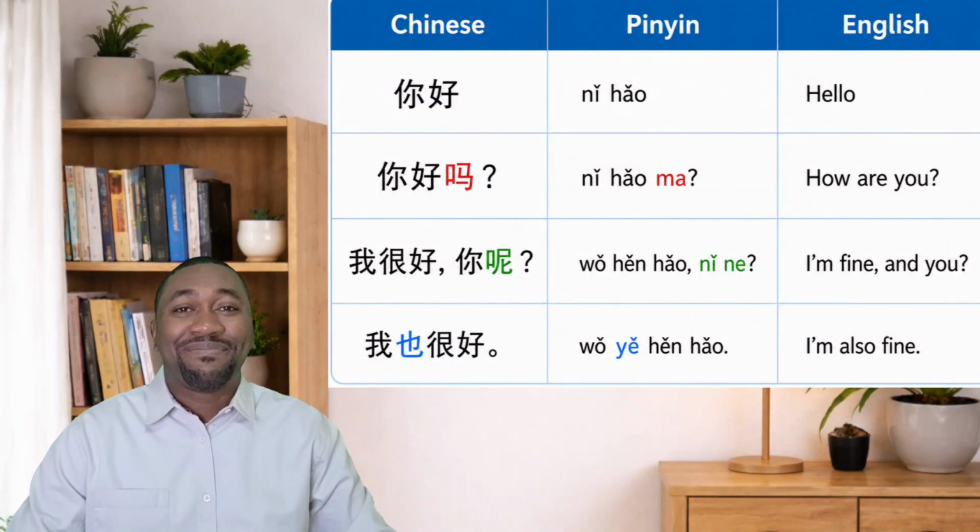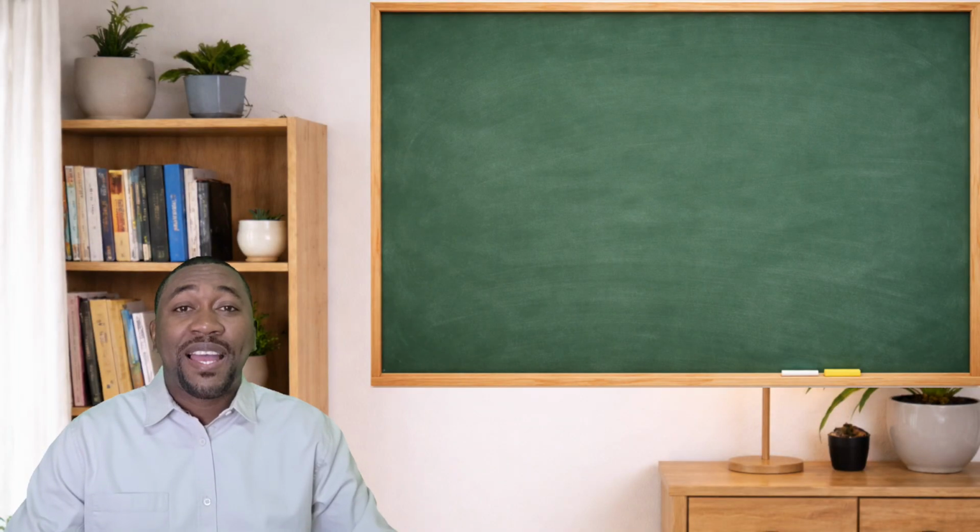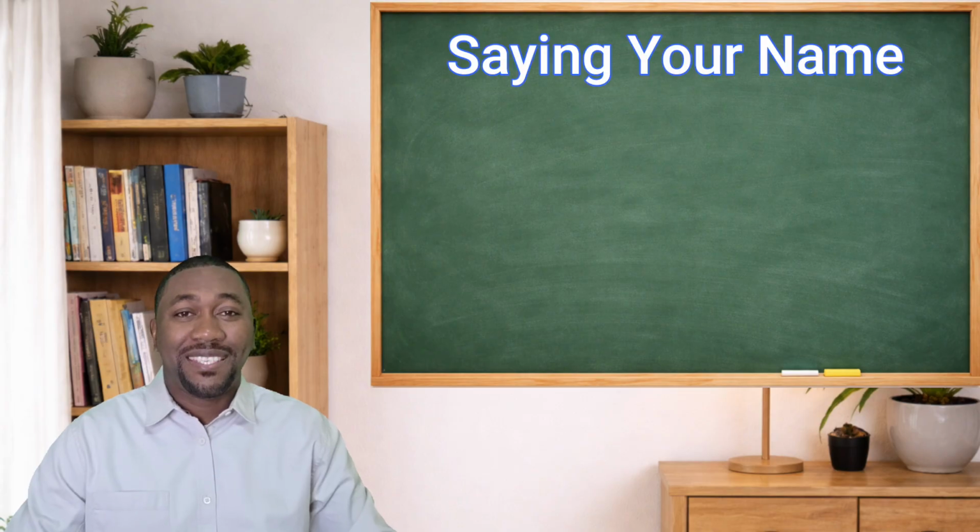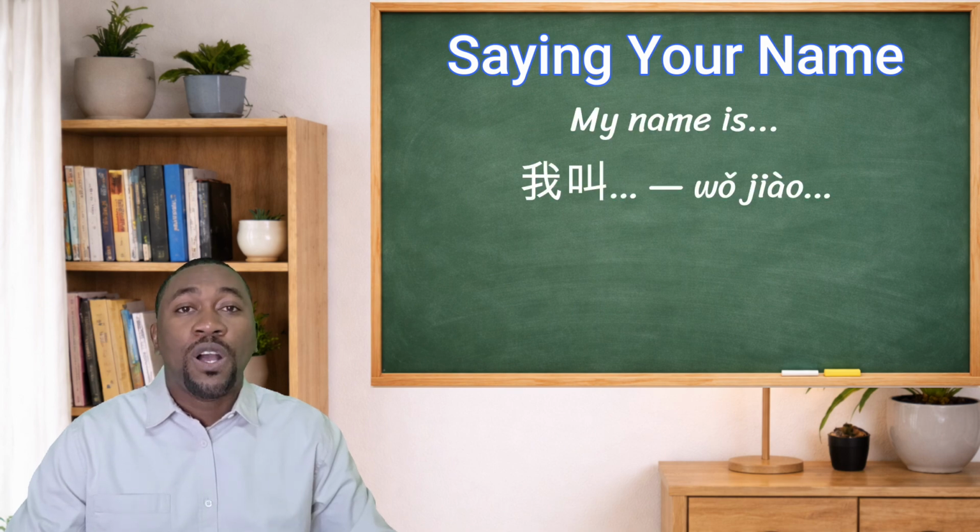Let's continue. Now we're going to look at saying your name in Chinese. To say your name in Chinese, use this pattern. 我叫. Repeat after me. 我叫.